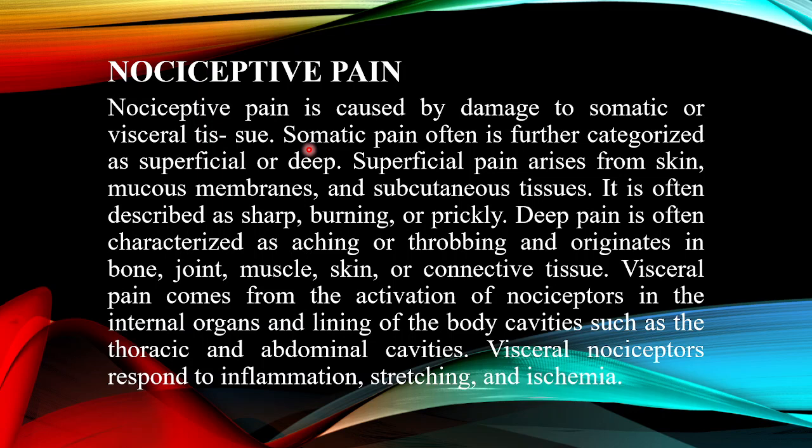And what is visceral pain? Visceral pain occurs when pain receptors in the pelvis, abdomen, chest or intestines are activated. We experience visceral pain when our internal organ or tissue is damaged.